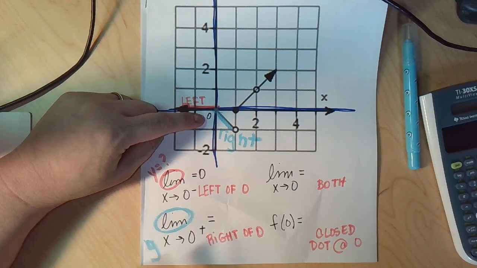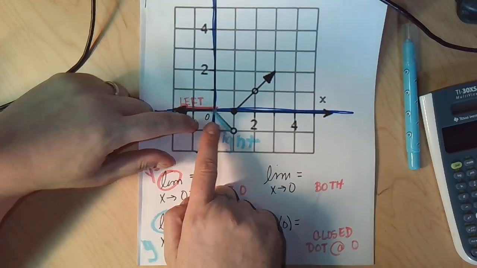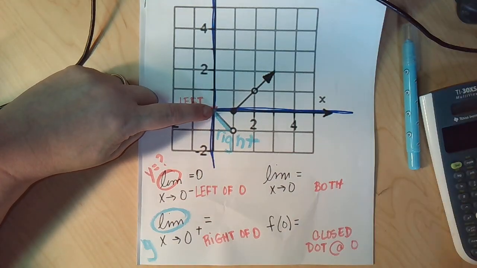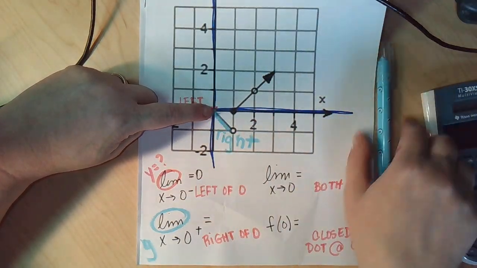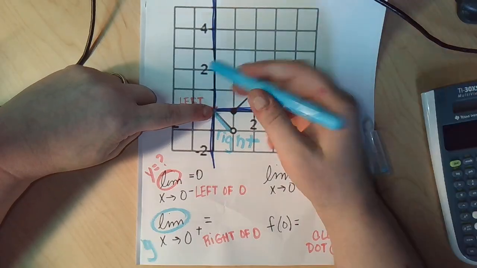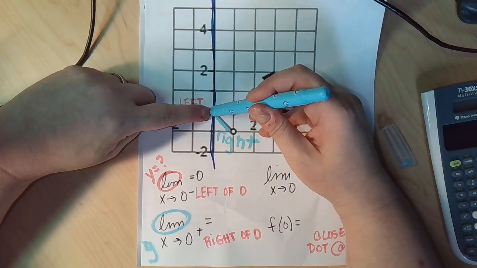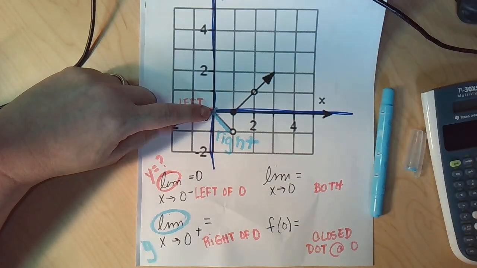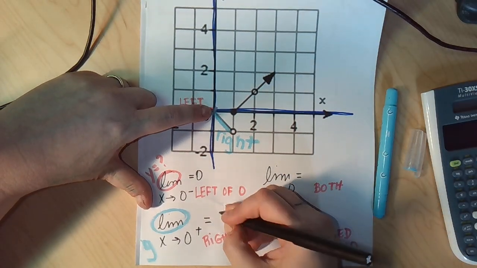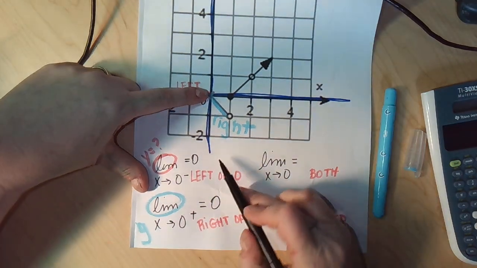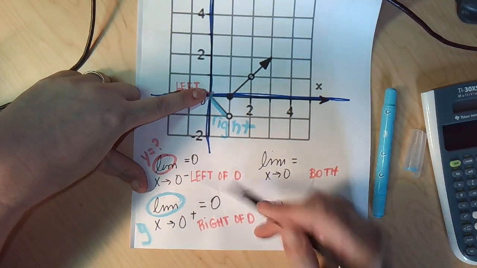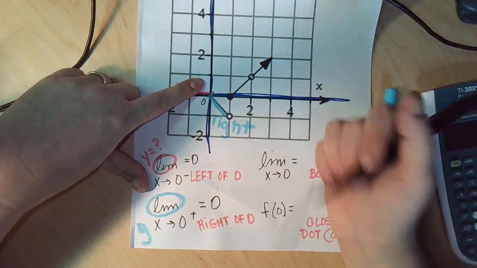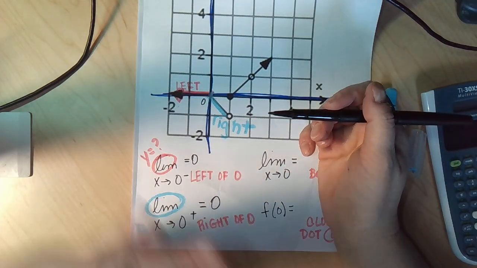So that y value when x is 0, here's x is 0, right up in the middle. The y value of this blue line, well, heck fire, it's right up in the middle. It's right there. It's the same spot. It's still the y value of 0. The only time the left and the right limits are different is when there's a jump. So we'll talk about a jump in a minute.